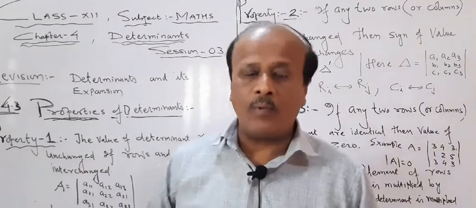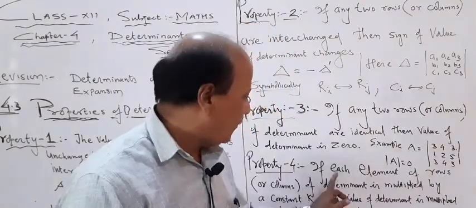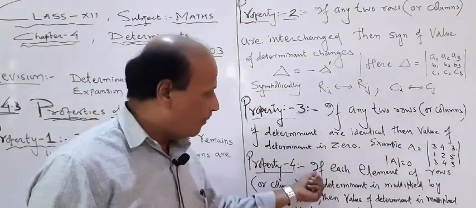Now one more property is property number 4. What is that property number 4?